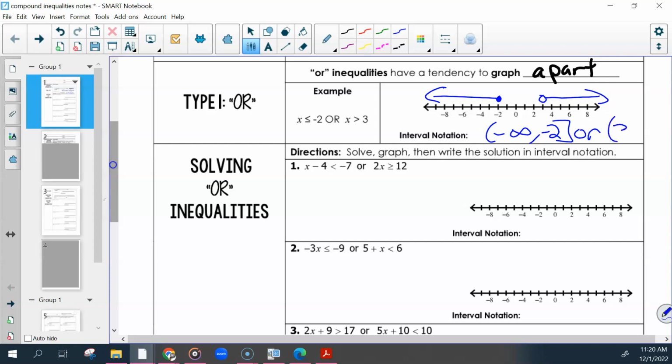That's open, so it's a parenthesis. And then it keeps going towards infinity. So after we solve them, we're going to graph them, and they're going to look like this. And then the interval notation is also going to look like this. Questions about that before we actually try some?